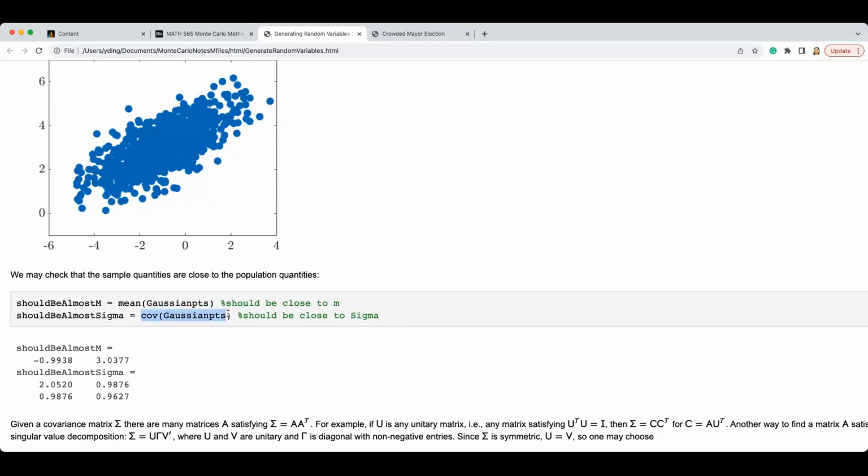Actually, if you rerun this file, you will get a different answer, definitely, because you have randomness inside. But even though it will be different, this one should be close to -1, this one close to 3, and this is 2, 1, 1, 1. It's not exactly the same, but it should be similar.